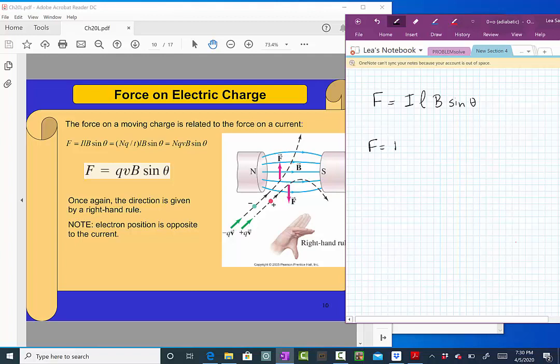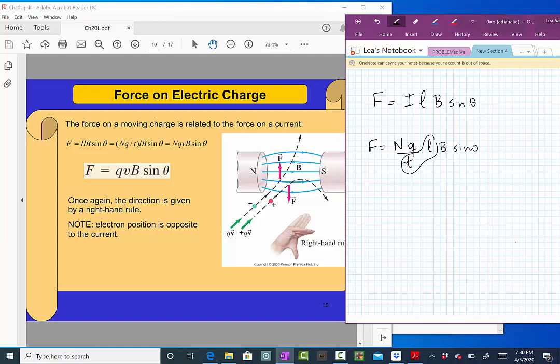Current is charge per time. That's the definition of current. Then multiply by L, B, and sine of theta. Now I see length divided by time.